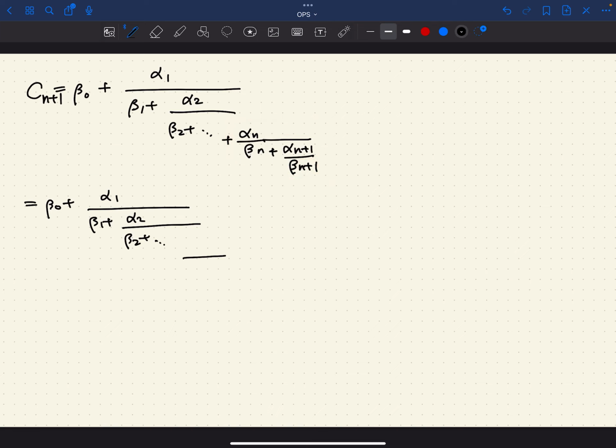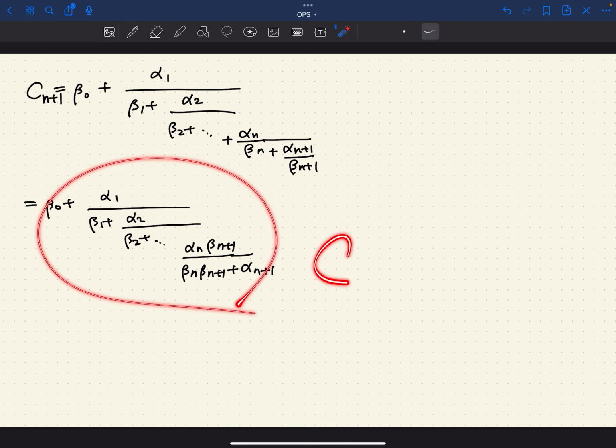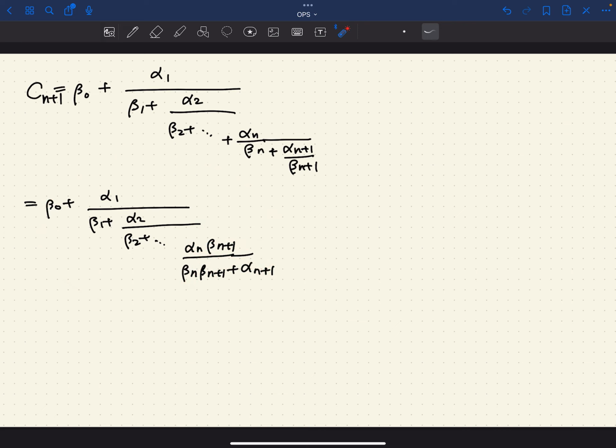So this part is going to be alpha_n, beta_{n+1}, beta_{n+1} plus alpha_{n+1}. But you see, this is exactly C_n, except alpha_n and beta_n are replaced by these two. So we can use the induction hypothesis here.